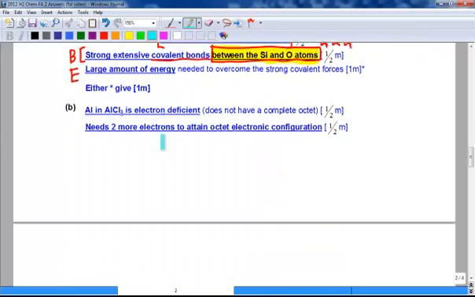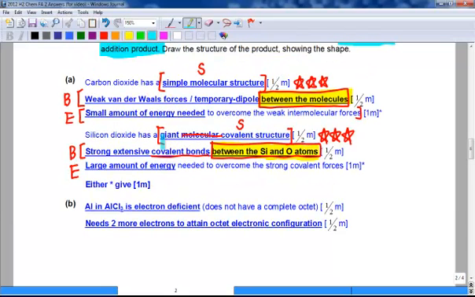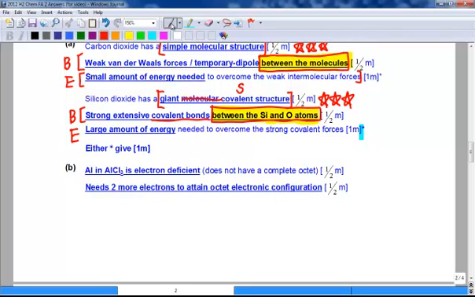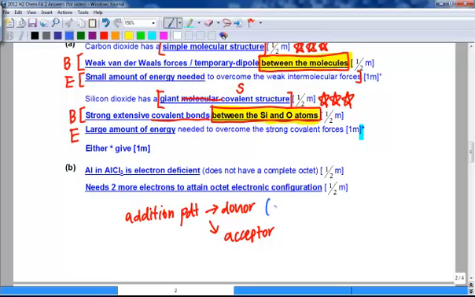Of course, we need to talk about AlCl3 first. Just as a recap, for our addition product, don't copy the answers first. The thinking process is very important. For addition product, of course we need to have a donor and we need an acceptor. Our donor donates a lone pair of electrons.